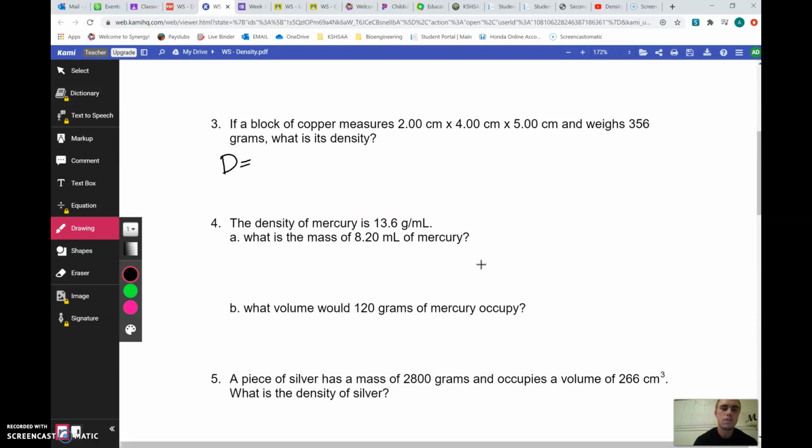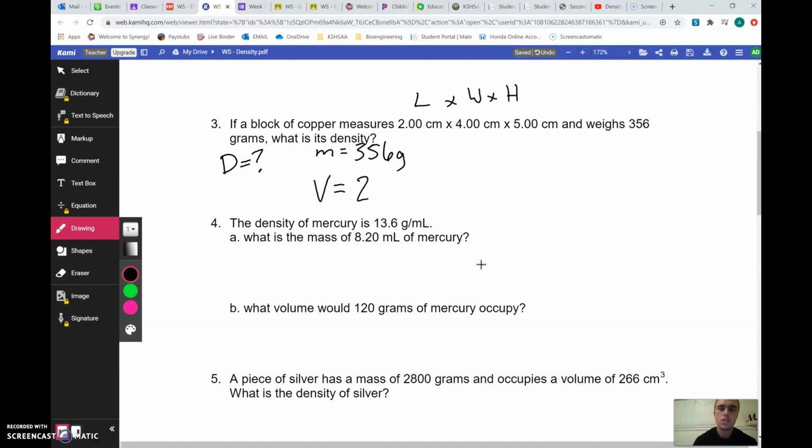So we are looking for density. We know the mass, and we can solve for the volume. Remember that the volume of a block or a cube is going to be length times width times height.